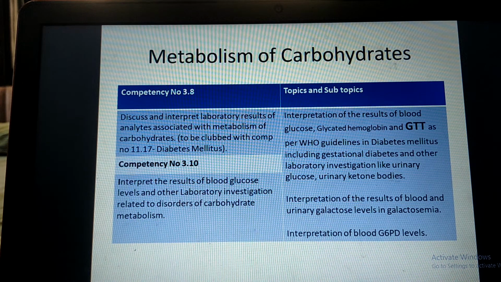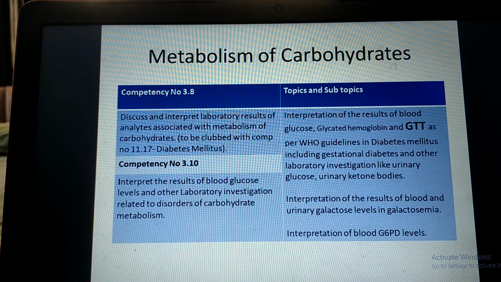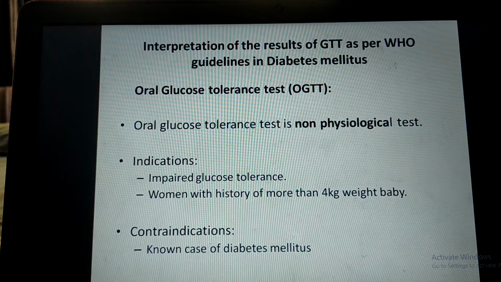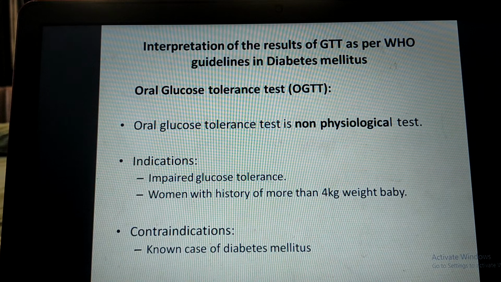Good morning, students. We will continue the metabolism of carbohydrate, competency number 3.8, and today's topic is GTT, long form glucose tolerance test. Glucose tolerance test, also called oral glucose tolerance test, OGTT, is a non-physiological test. Why is this called a non-physiological test?